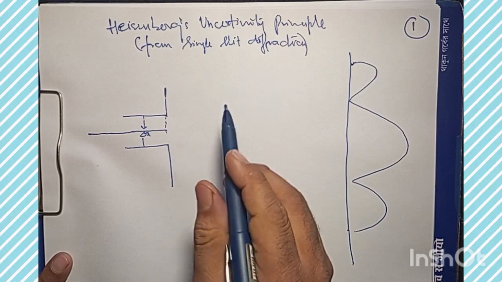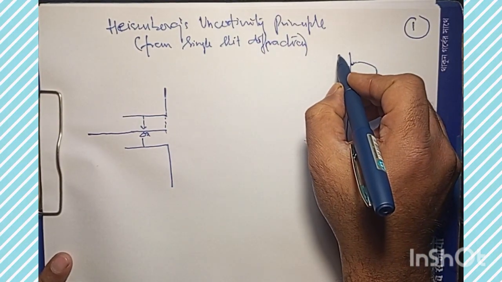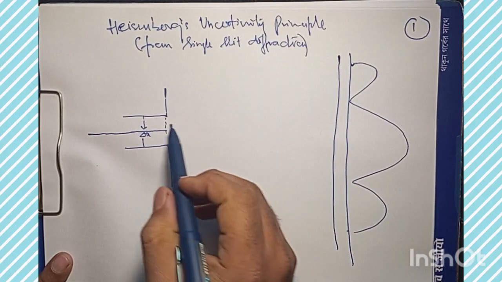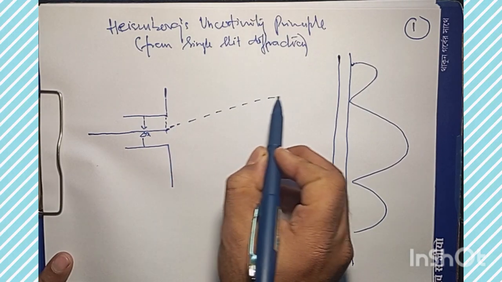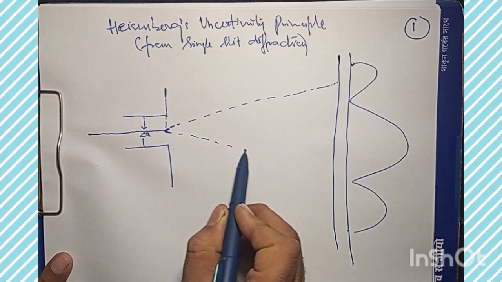So let me have a geometrical consideration here alone. Now, an electron can be projected, say, in these two directions.